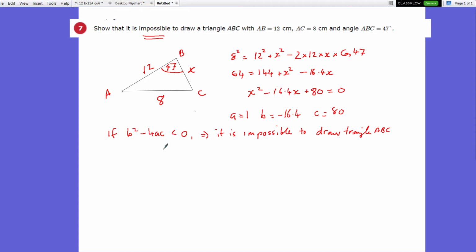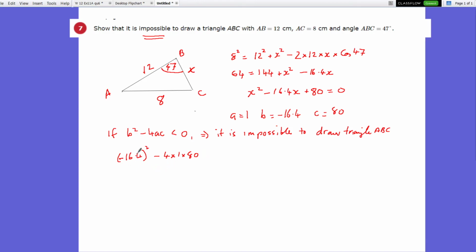So let's just put these numbers in. I've got minus 16.4 squared minus 4 times a, which is 1, times c, which is 80.